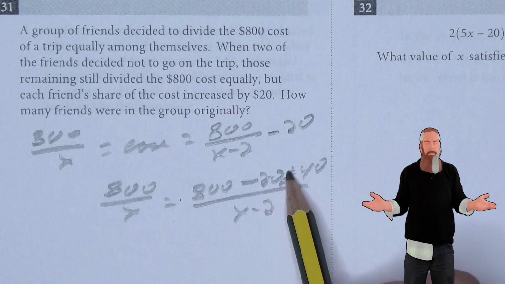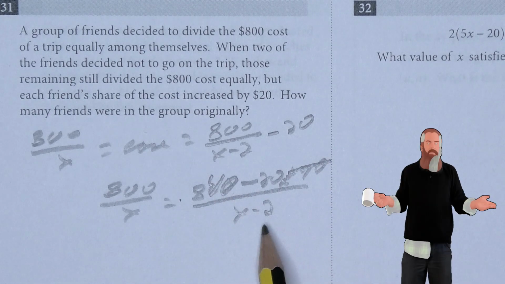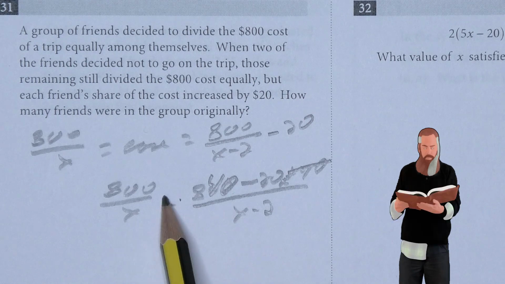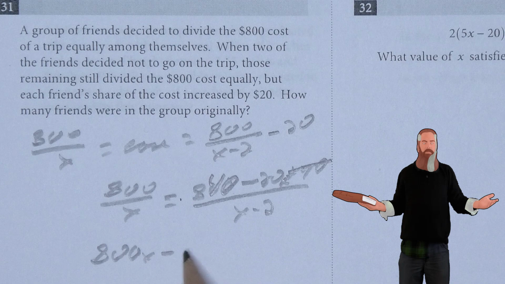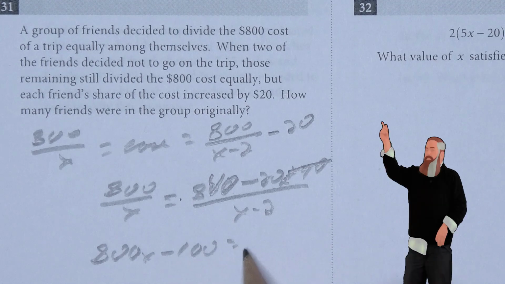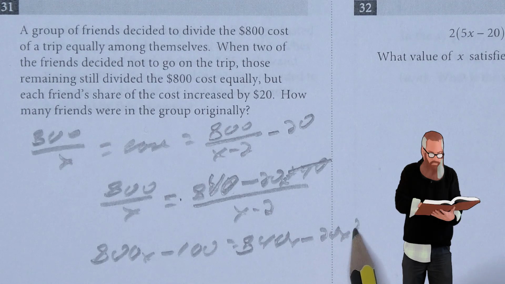Now, if we combined the like terms, we would wind up with 840 minus 20x. This allows us to solve this proportion. So I get 800x minus 1600 is equal to 840x minus 20x squared.